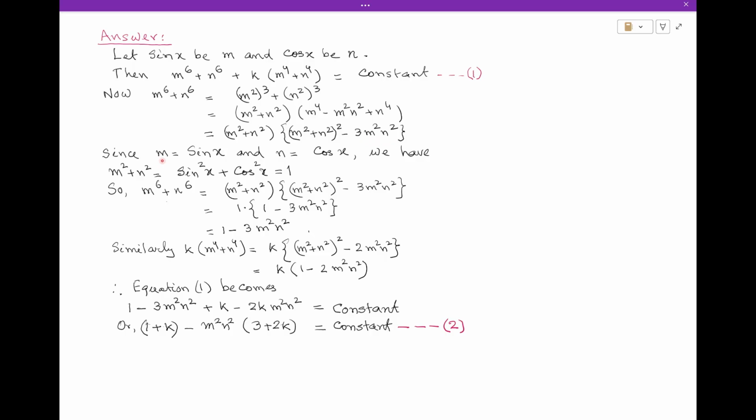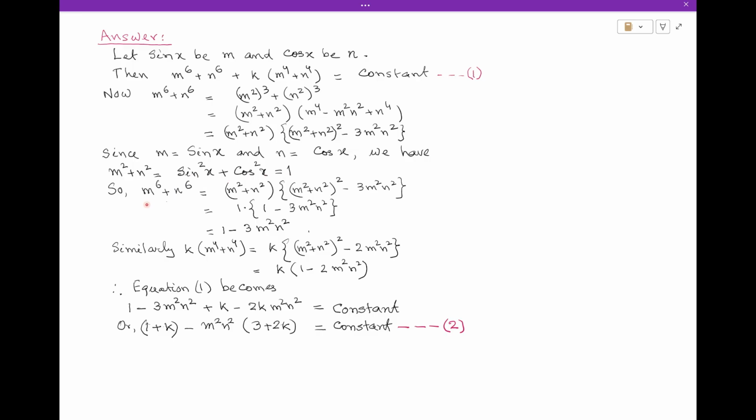Since m is equal to sin x and n is equal to cos x, we have m square plus n square is equal to sin square x plus cos square x, and that is equal to 1.